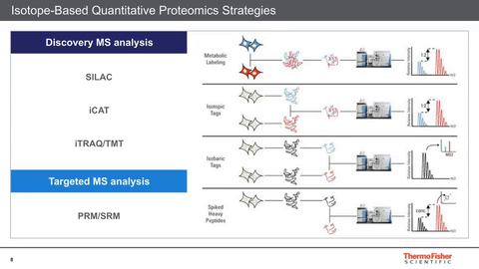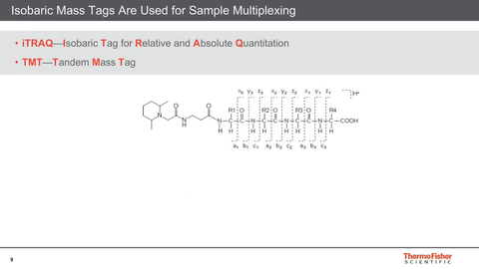ICAT, iTRAQ, and TMT are all chemical labeling approaches which use stable isotope-containing reagents to covalently label peptides and proteins. Unlike targeted MS analysis such as PRM or SRM, which use heavy peptides for quantitation, these metabolic and chemical tagging methods are used to label one sample as a reference channel for relative quantitation of one or more additional samples in the same LC-MS analysis run.